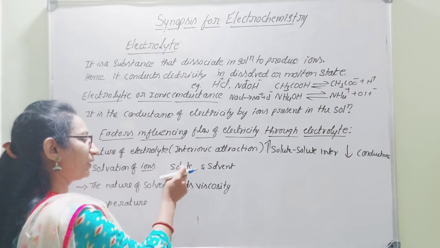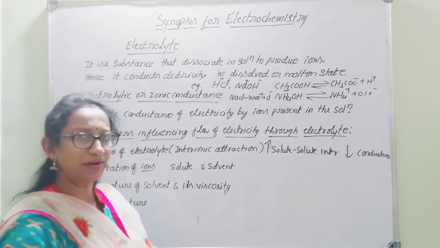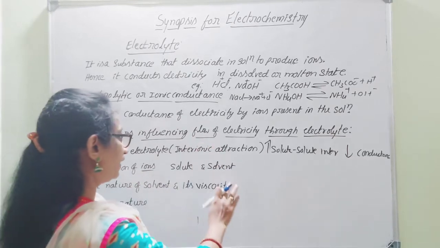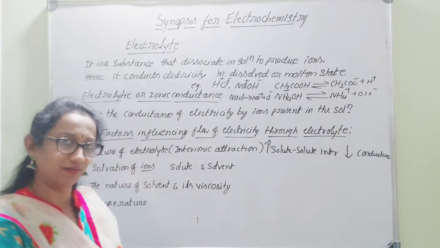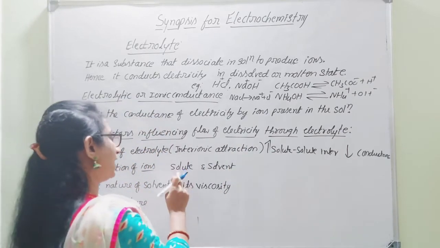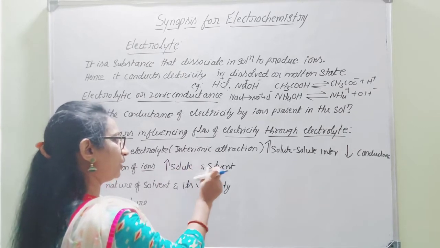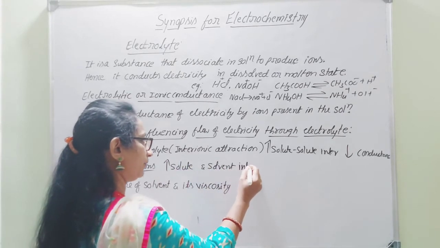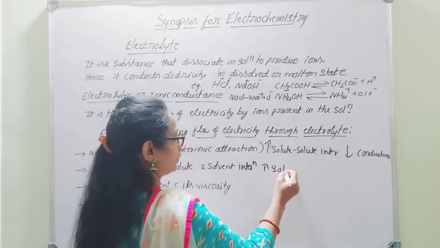That means solute molecules will get easily surrounded by more and more solvent molecules. Then it becomes difficult for dissociation and for the free movement of the ions. Therefore, an increase in the magnitude of the solute-solvent interaction causes an increase in solvation.